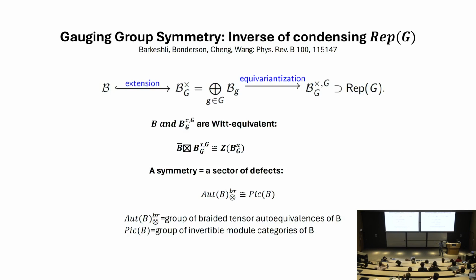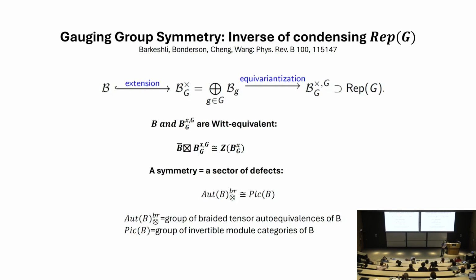And there are some very interesting consequences if you do this. This B, which is the input topological order, and the end result of gauging are Witt equivalent, which means if you invert one by complex conjugation, and cancel the other one, it's a Drinfeld center. Also, the whole theory is based on a very important mathematical theorem, which many people here are familiar with: nowadays, we think about symmetry as the same thing as defects.